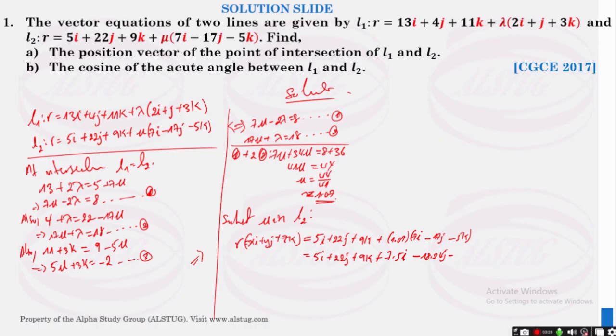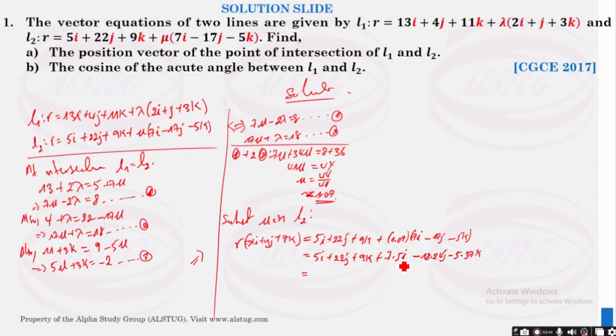Then we have minus 1.07 times 5, which gives us 5.37k. We now sum them.